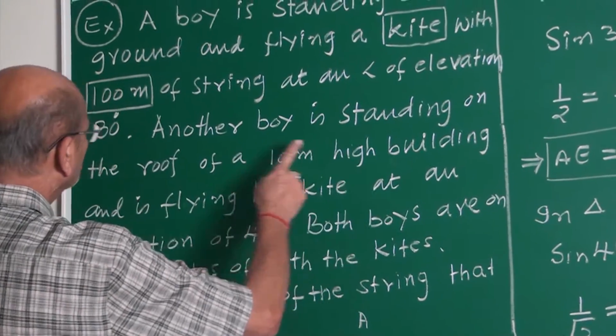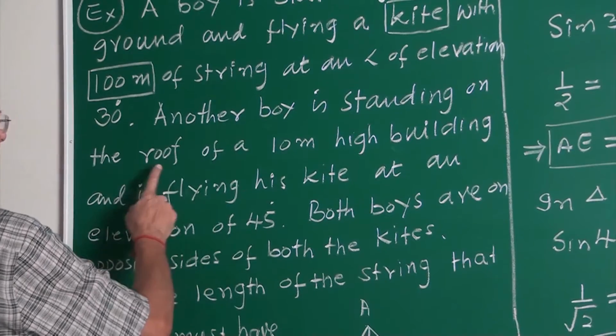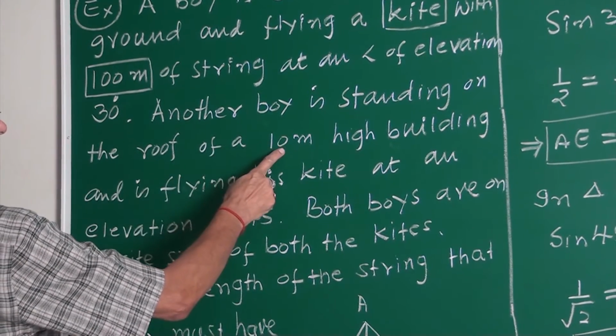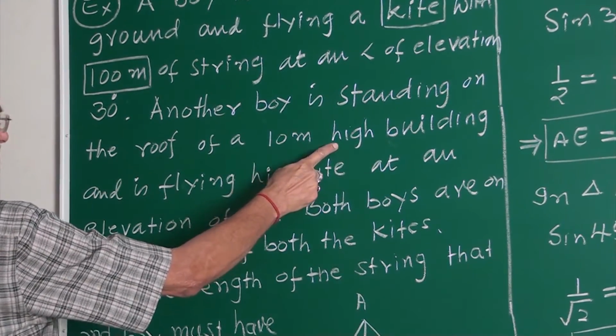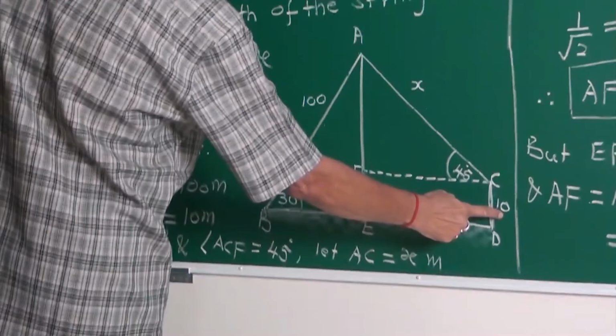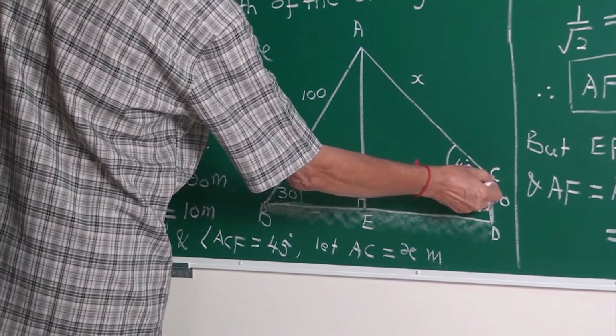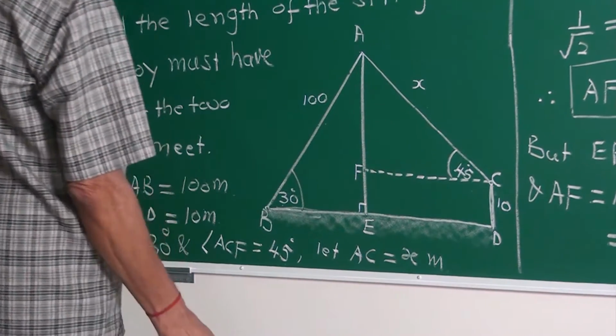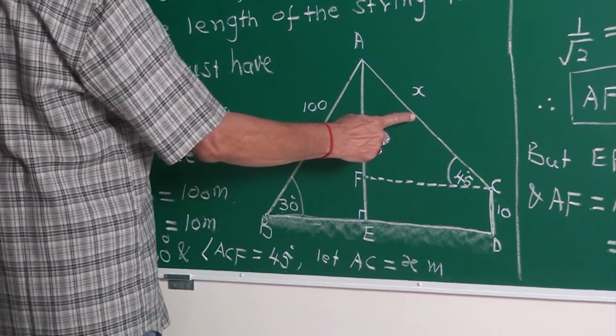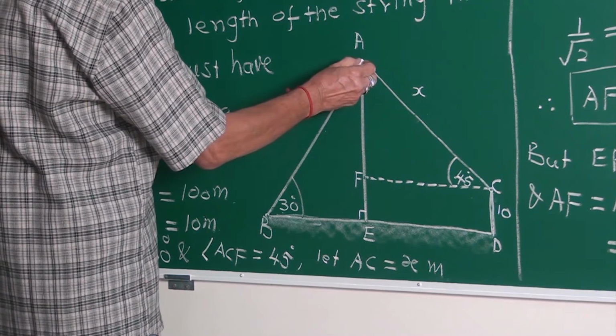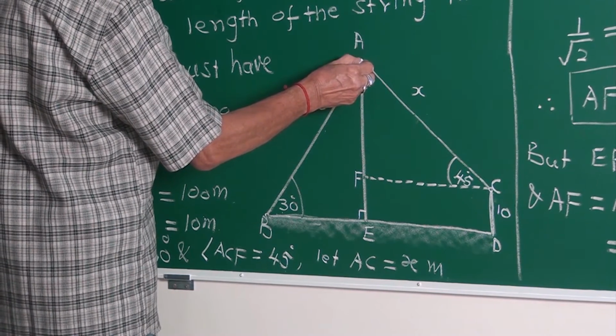Another boy is standing on the roof of a 10-meter high building. From here he is flying his kite. You want to find the length of the string when both the kites are together in the sky.